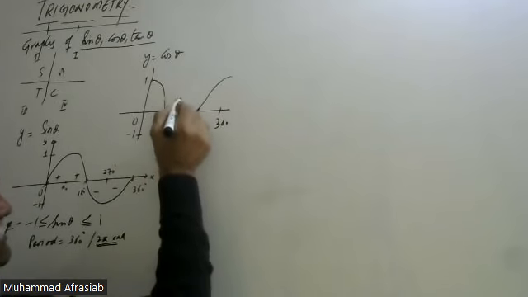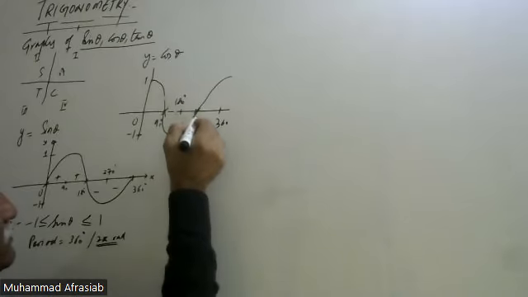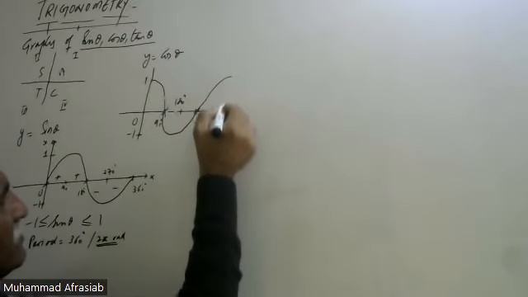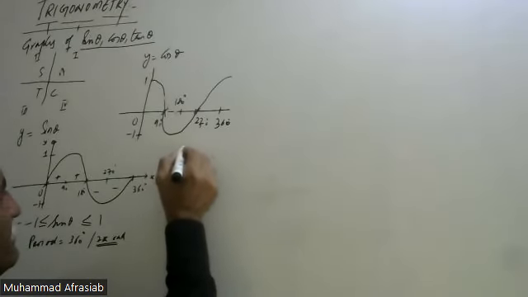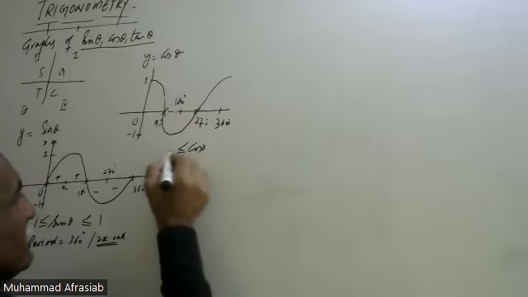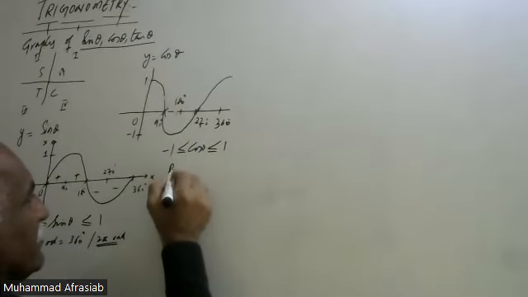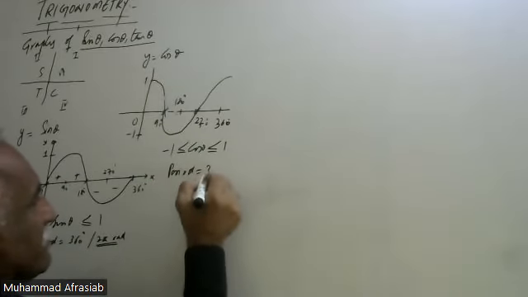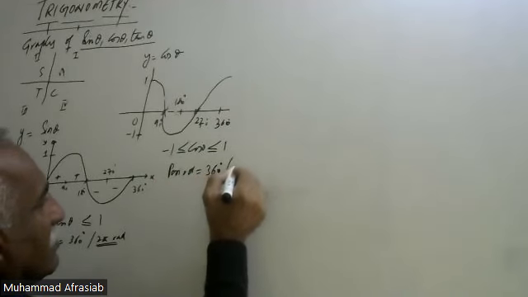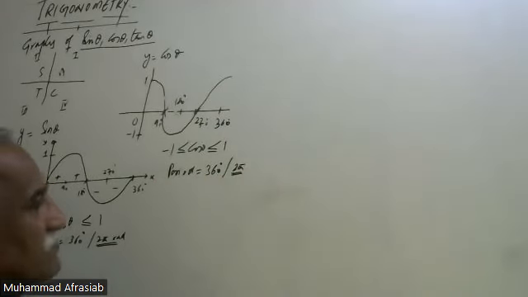This is 180, this is 270, and this one is 360. The range of this graph is -1 to 1, and the period of this graph is 360 degrees or 2 pi. It lies between 1 and -1.